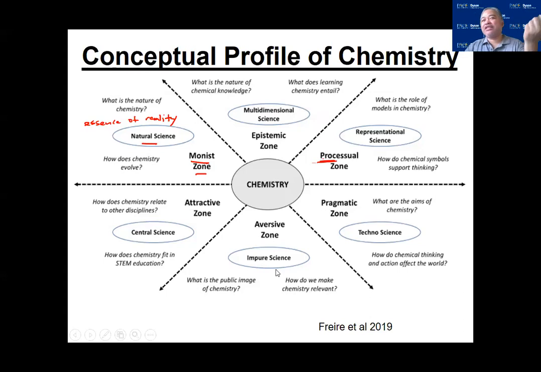Why do you think a lot of people don't believe in vaccination? If you're going to look at it, what is the public image of chemistry? How do we make chemistry relevant? Why do you think people don't accept the science when we talk about them?